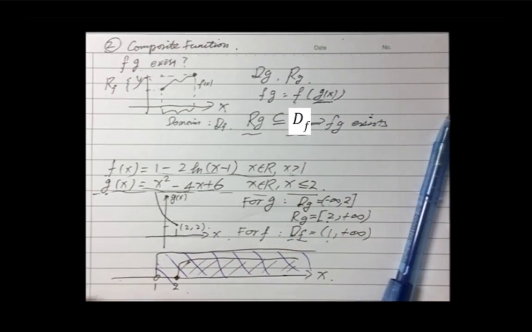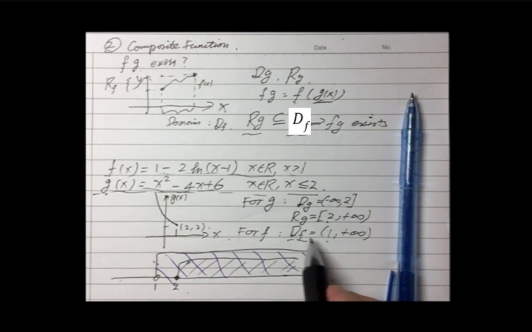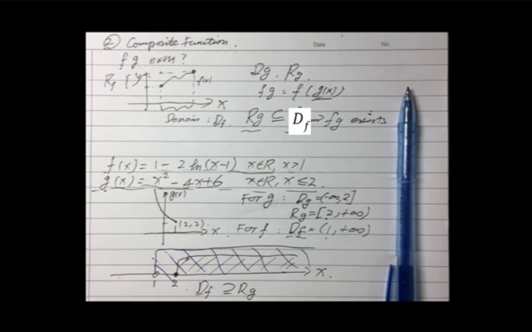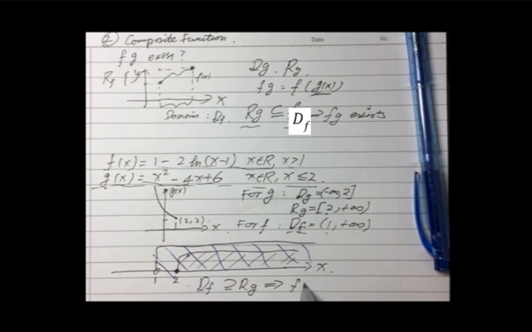Df includes Rg, right? Because it has more in the graph. So Df includes Rg. Then we can comment that fg exists.